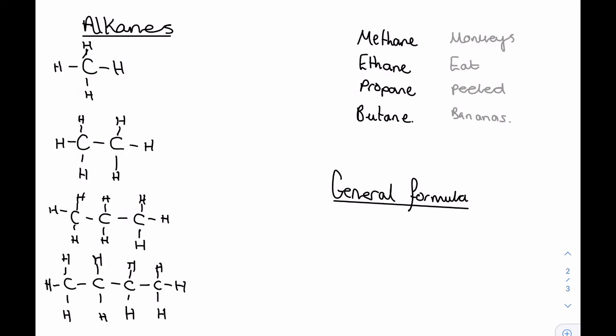So we start with carbon and 4 hydrogens, so we've got CH4. You've then got 2 carbons, so C2, and there's 6 hydrogens. This one you've got 3 carbons and 3, 4, 5, 6, 7, 8 hydrogens.